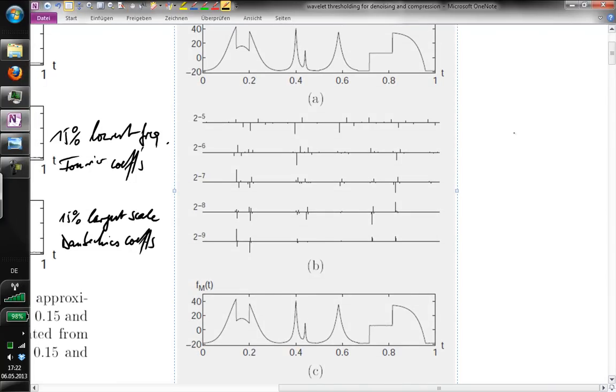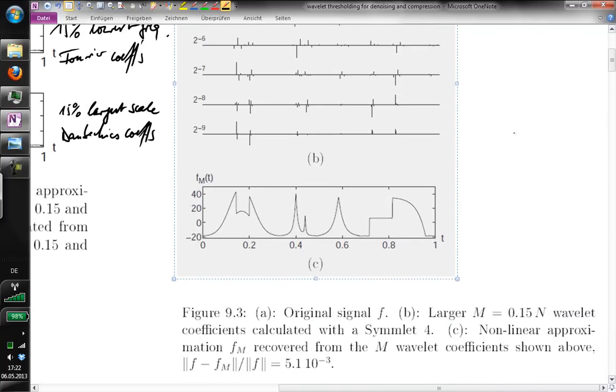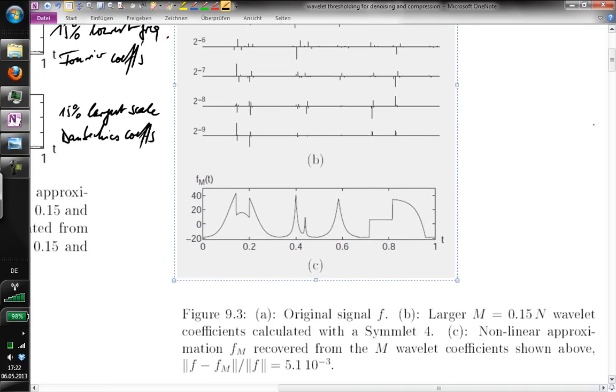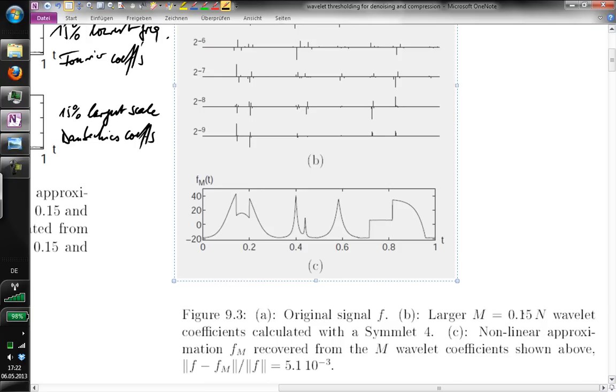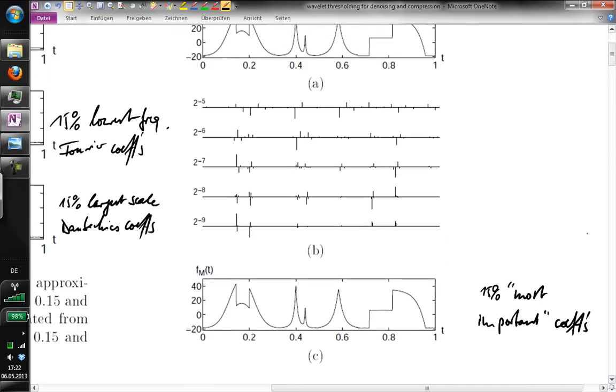Then in the middle, wavelet coefficients using this particular wavelet here, the Symlet 4 wavelet. And then here the 15%, let me put most important in quotes, coefficients were used in the reconstruction.